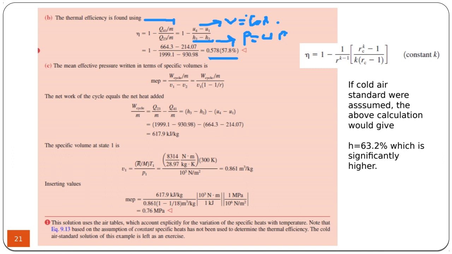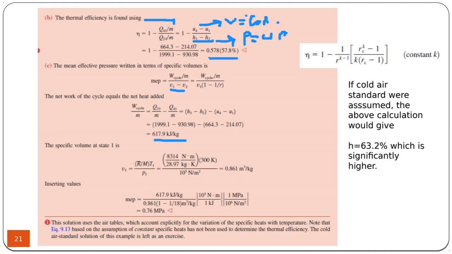Mean effective pressure is the cycle work divided by the displacement volume. First, we can calculate the cycle work from the net Q, because net work is equal to net Q. Then the cycle work is 618 kilojoules per kilogram.